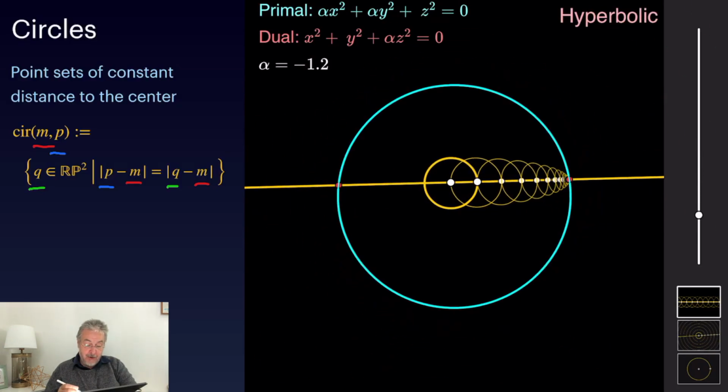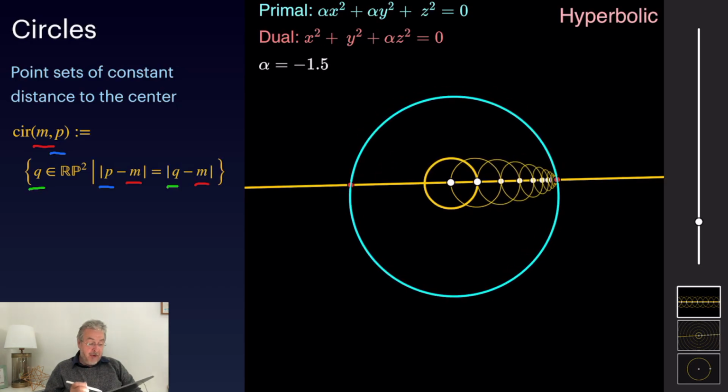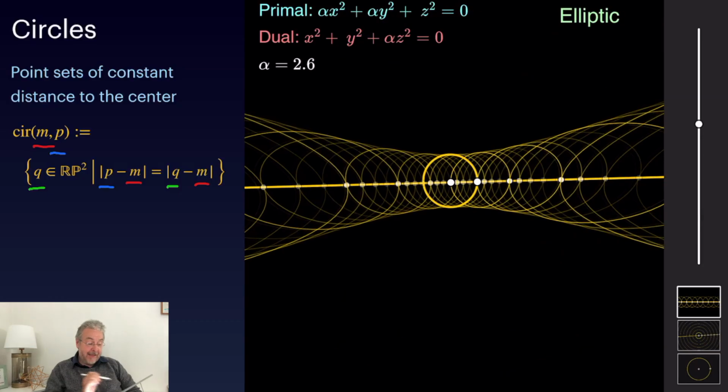So let's again go back to the hyperbolic case. So once more, if you are in that situation, you have essentially a minus minus plus signature for the primal conic, and in that case you have a plus plus plus signature, so you are in the all complex case.